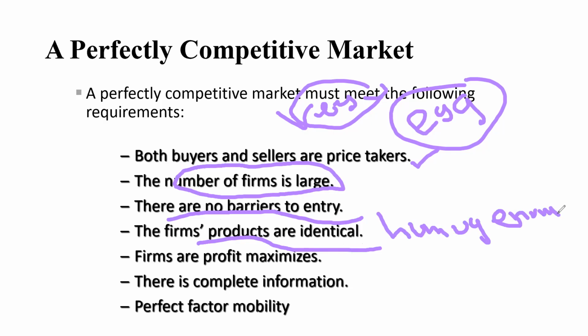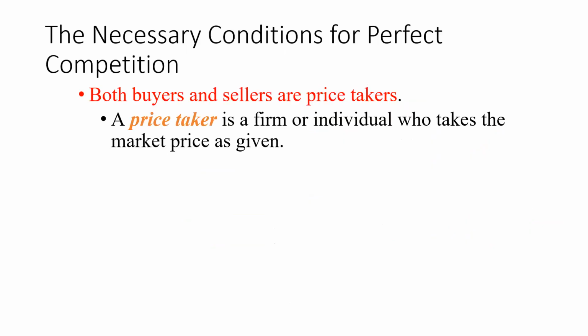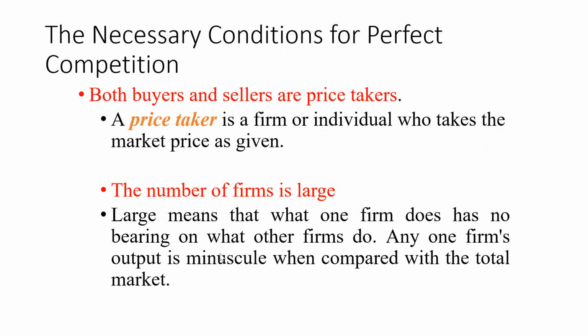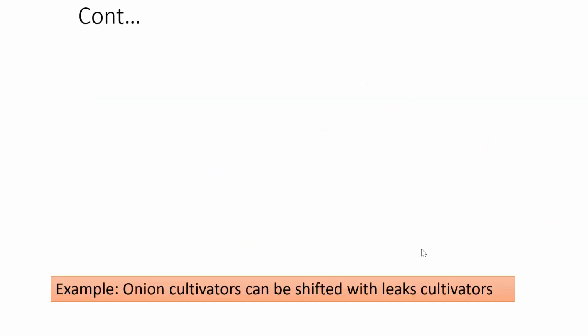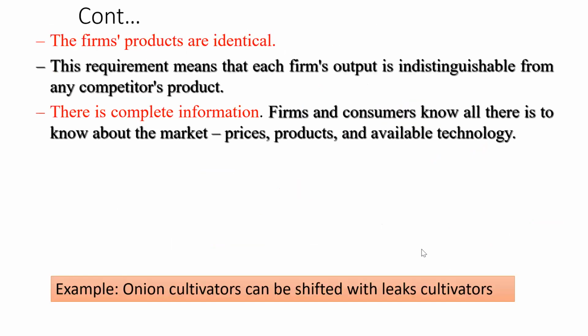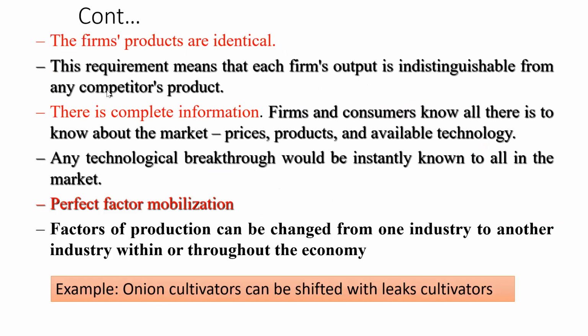I think I already explained what homogeneous products mean. There are a large number of firms in the market, and the products are identical in nature, so they are all similar.